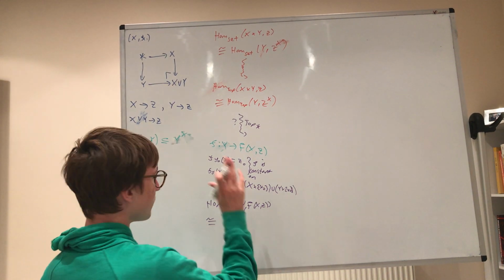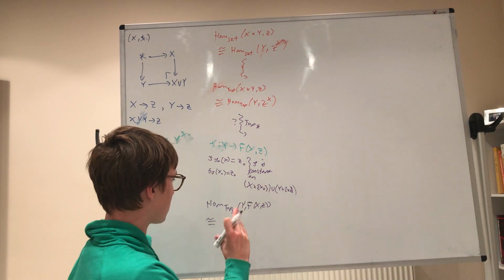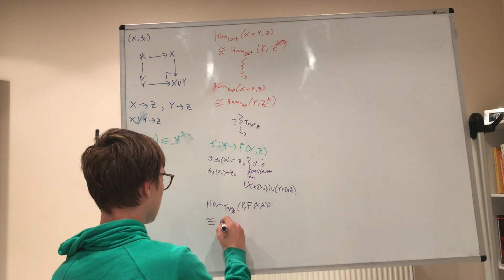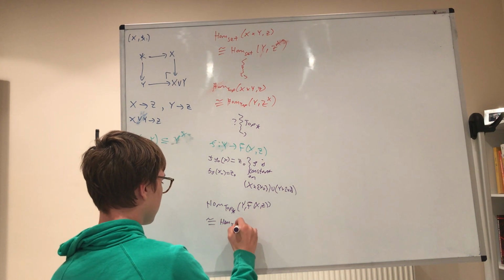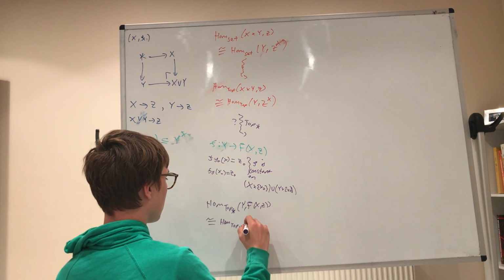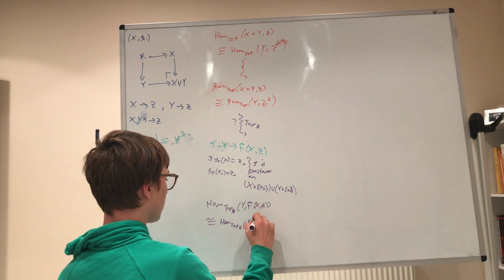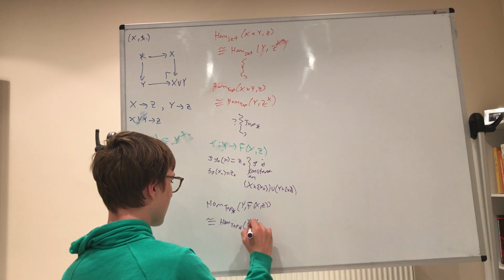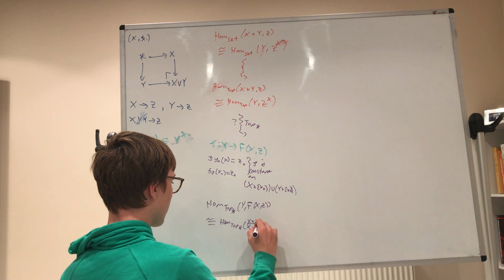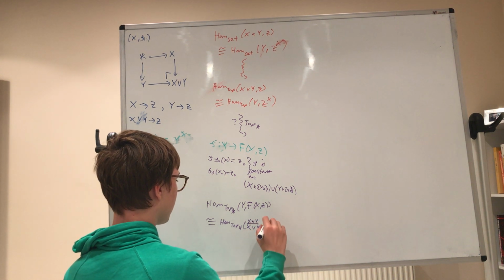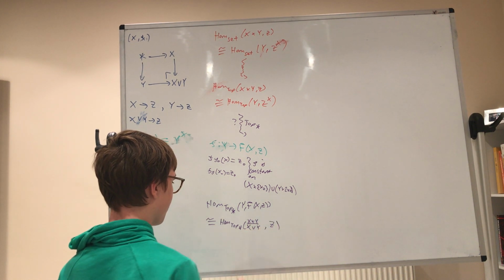So, basically, when in doubt, mod out. So we'll have Hom Top star of X cross Y mod X wedge Y, and then we'll have Z.